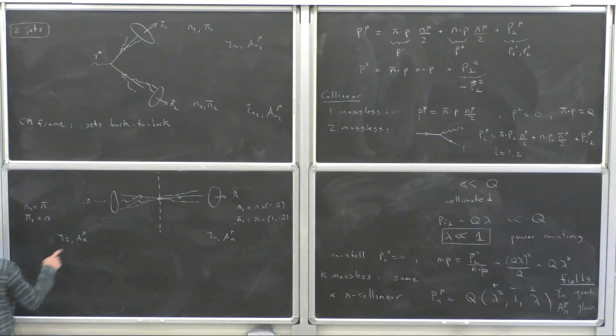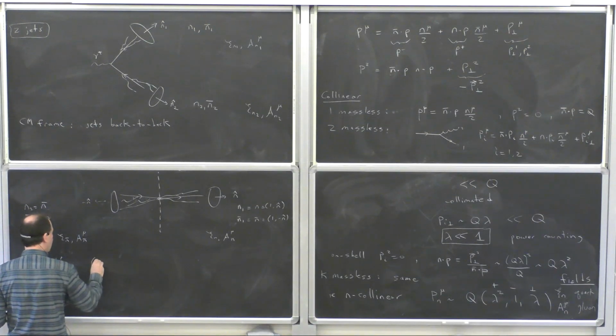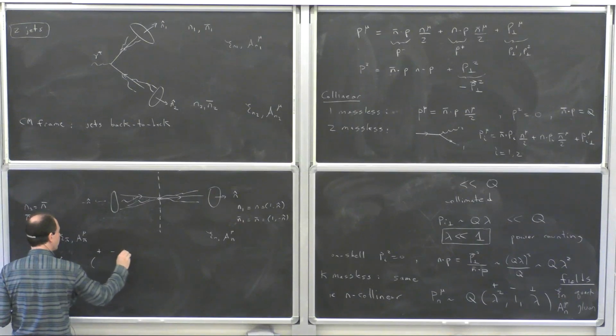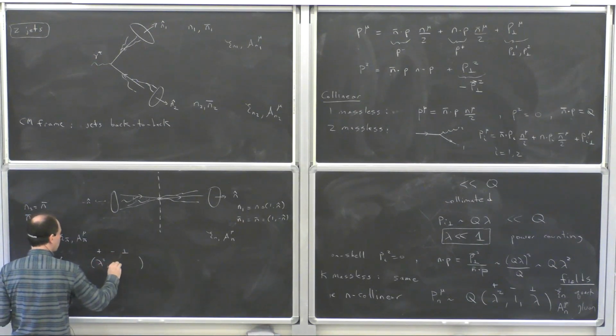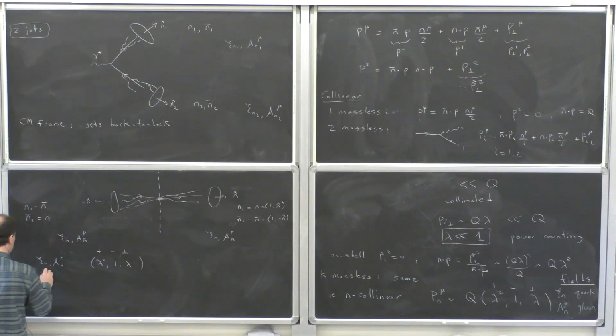So let me just write one more thing. We have a set of fields, and then we had how their plus, minus, and perp momenta scale. In this case, I can make it all in one nice little tidy chart.